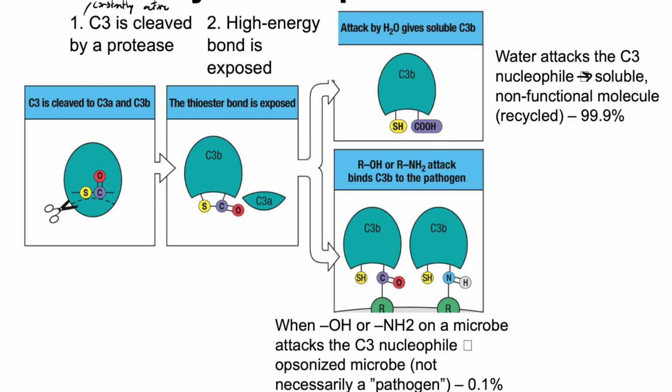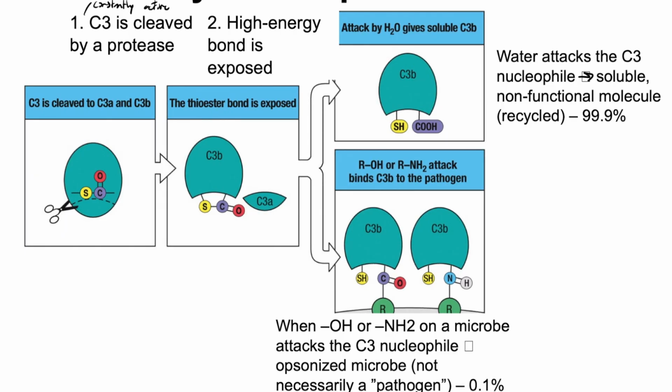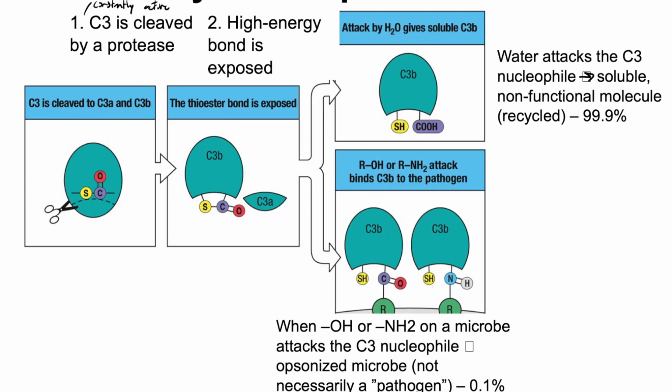But if the C3b is near an OH or NH2 group, which is very commonly present on the membrane of pathogens, the C3b will then irreversibly attach to the membrane of a pathogen and basically signal to the innate immune system, hey, I'm on a pathogen, this thing should probably die at some point.